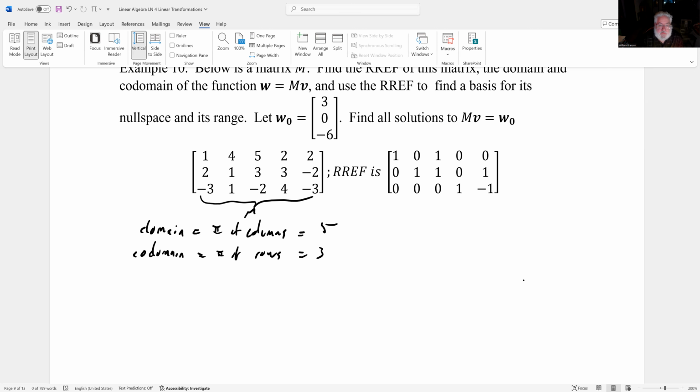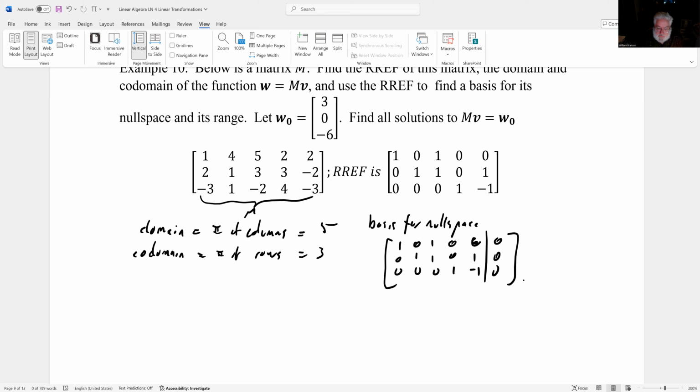So let's see, basis for the null space. You take our RREF and make it an augmented matrix with zeros on the other side.